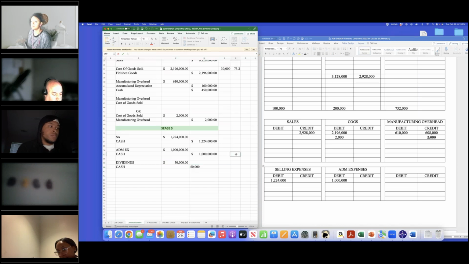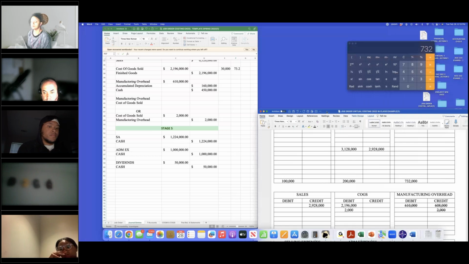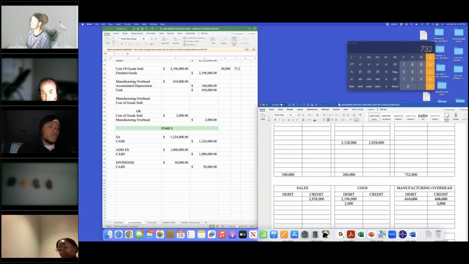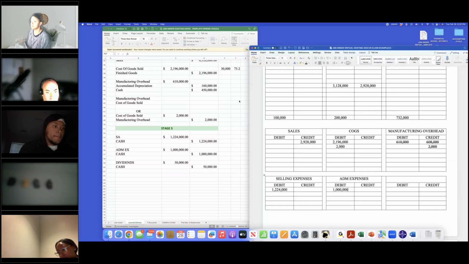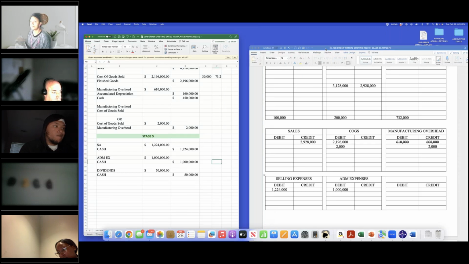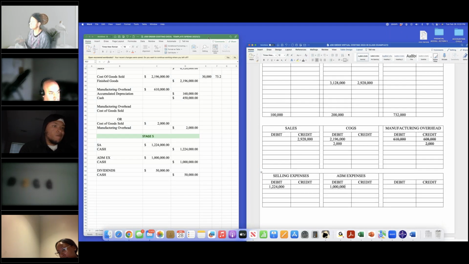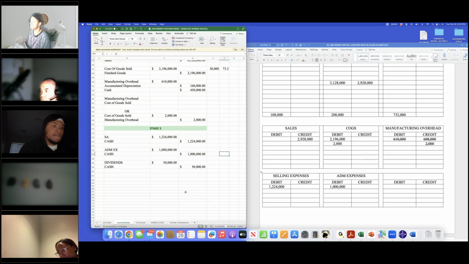Each team now make these journal entries and post them to the ledger. And our goal in getting them posted to the ledger is that we want to be able to do our cost of goods manufactured and cost of goods sold.